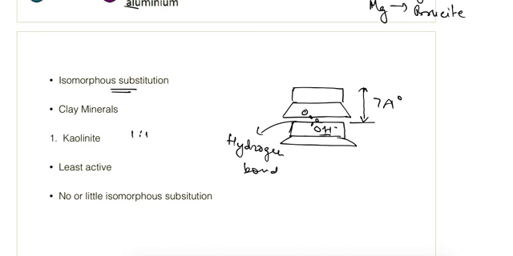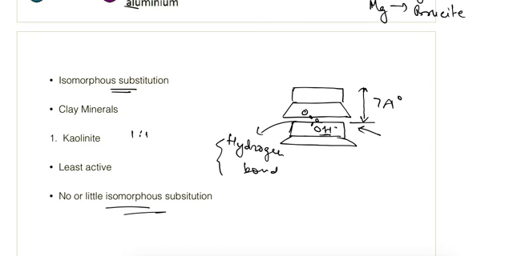So this hydrogen and this oxygen make the hydrogen bond, and a hydrogen bond is a comparatively strong bond, so water cannot enter, and no isomorphous substitution can take place in this case because of the proper bonding.